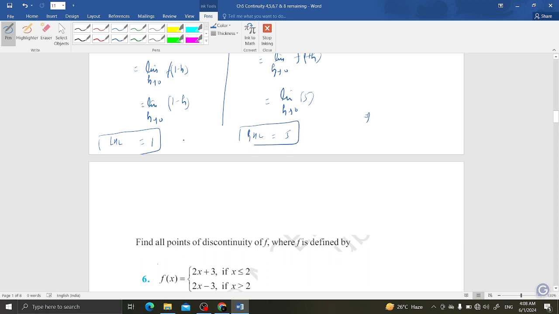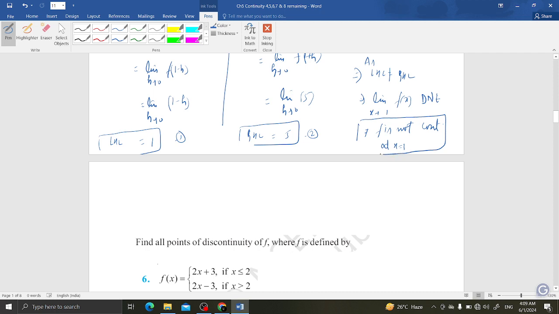So from both the equations, this is your first equation, this is your second equation, and here I am writing that LHL not equal to RHL implies that limit x tends to 1 of f of x does not exist, and if it does not exist, it implies that f is not continuous at x equals to 1.